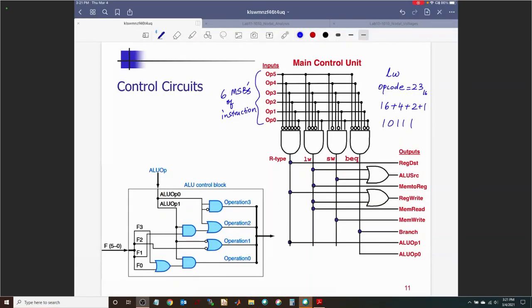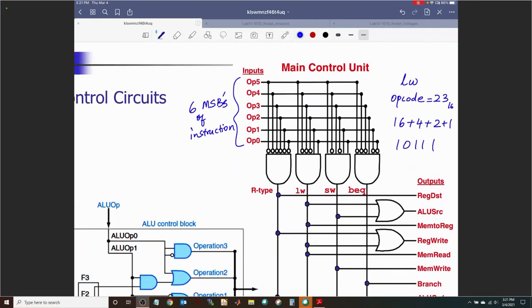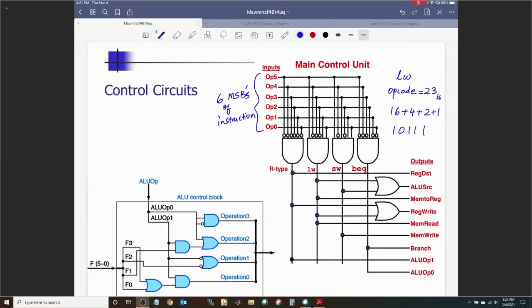All right. So, am I doing this right? Hold on. The most significant bit is going there, right?